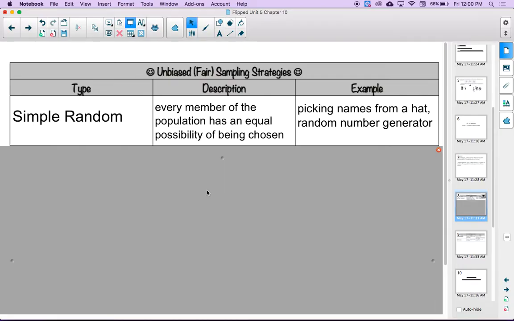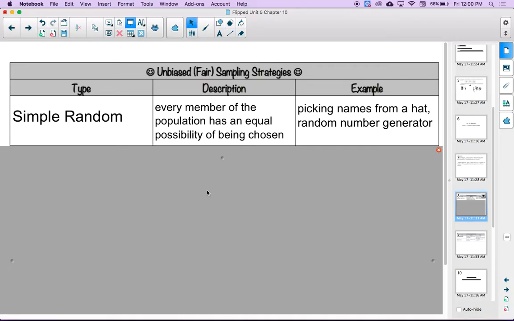And then we use a random number generator to pick numbers for us that choose people from our list. There are other ways to do a simple random sample, but just think about every name, every person in the population being thrown into some type of a hat or a bucket and choosing from them, so nobody is left out.